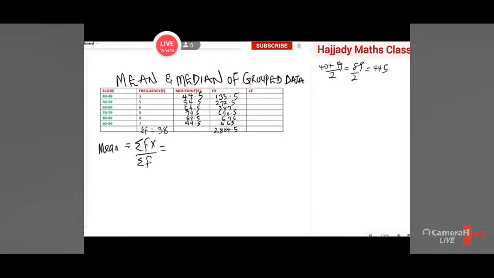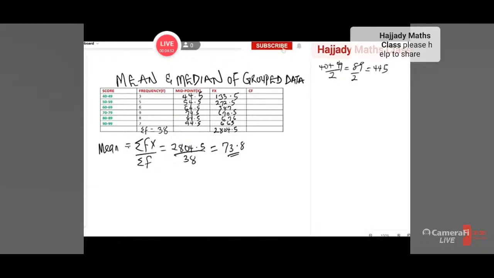Calculating the mean here, we have that our summation fx, which is 2,804.5, divided by our summation f, which is 38, is going to give us 73.8. This is our mean. So this is the average for these data sets.